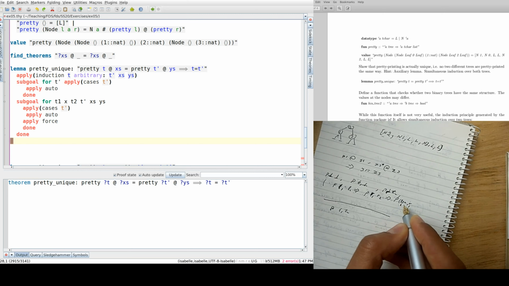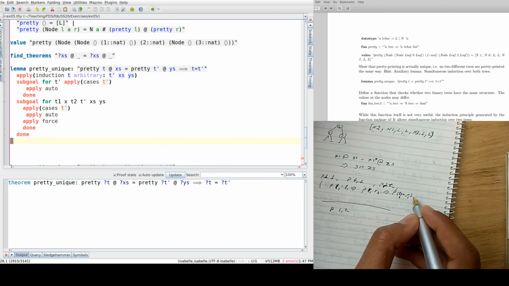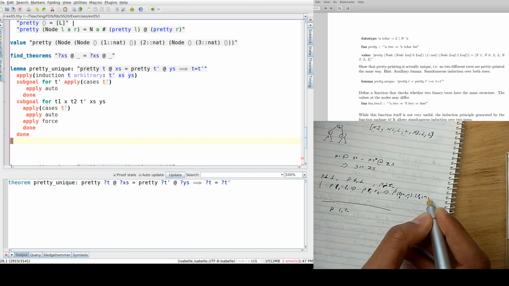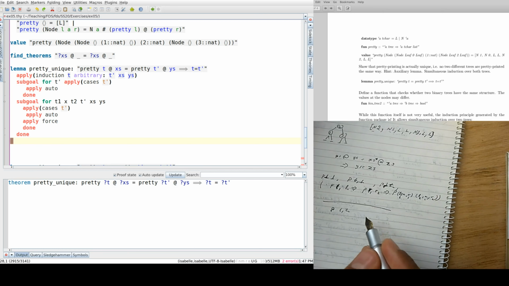Okay, so L1 A R1, and the second argument of the predicate will be L2 A2 and R2.